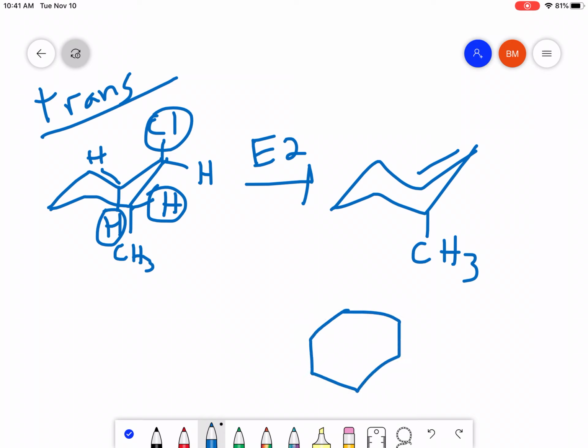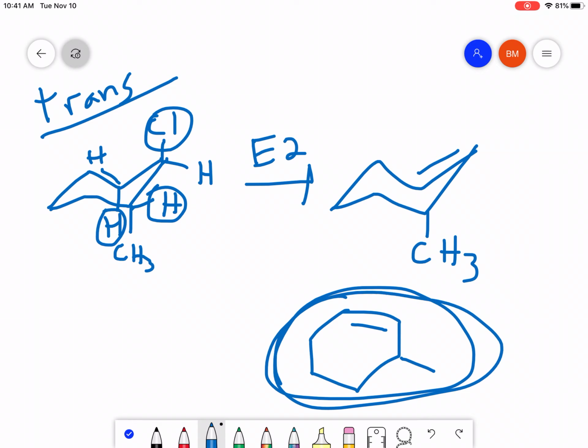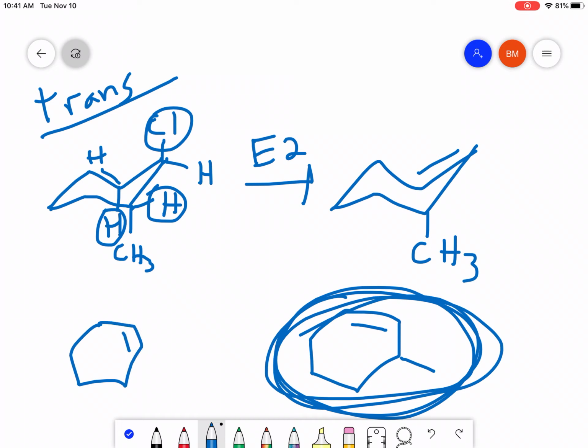And if you translate it to the hexagon, it's going to look like that. Okay? So you see, both the cis and the trans can make this product right over here. Only the cis can make this product.